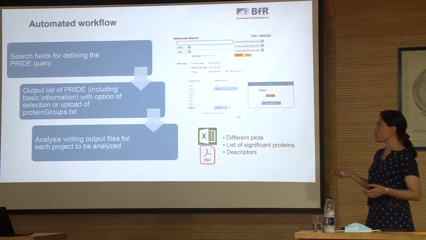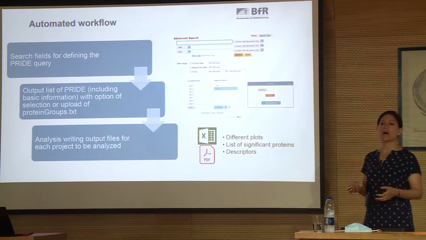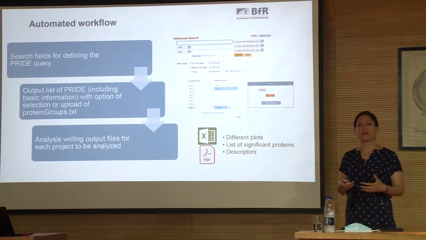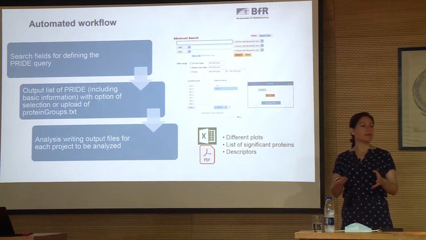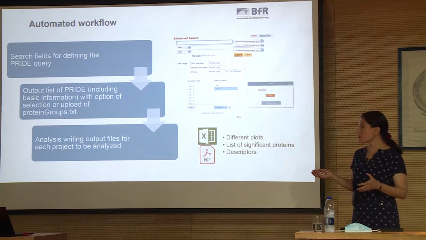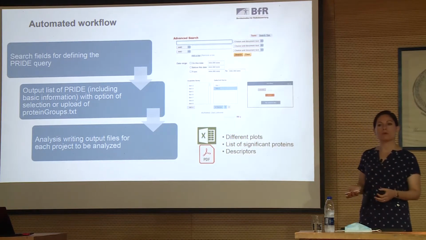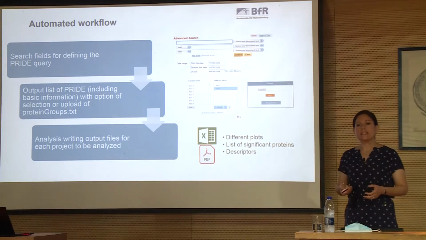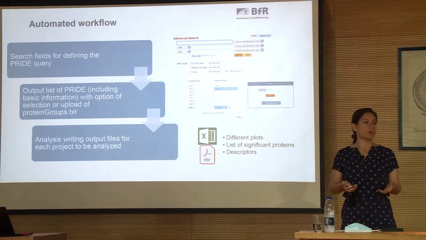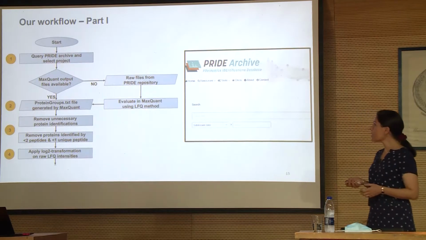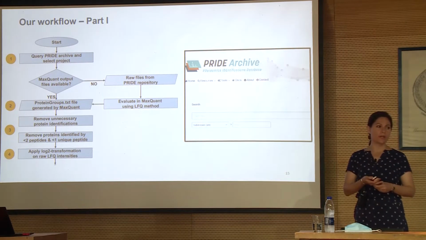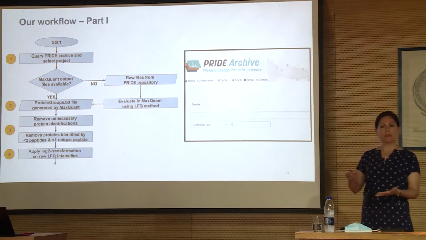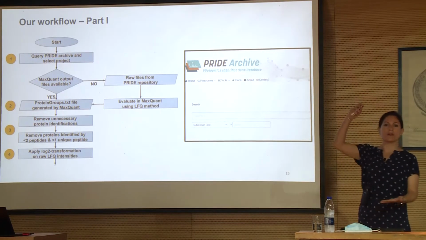And then the workflow produces output files, and the ones that we care about the most are these descriptors. But the workflow also produces some files related to judging the quality of the data set. That's also important to know. So here is the first part of our workflow. I separated it into different parts because the full picture is very long.